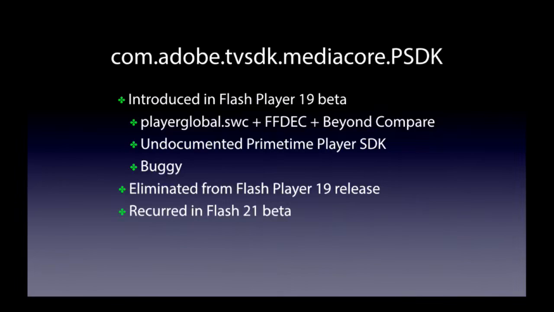So the truth behind it is that fixing all of these memory corruptions takes time. Adobe used half a year to fix all of these bugs and reintroduce the package into Flash version 21. And the use-after-free we're talking about here was discovered right after the PSDK and the media core package came back.